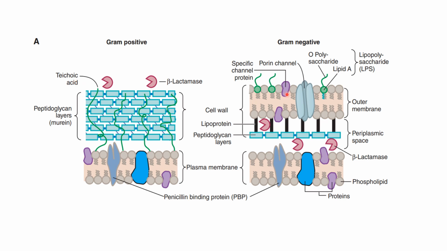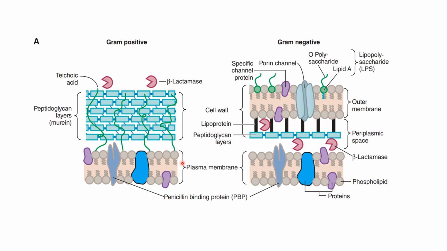The gram-negative bacteria have a single peptidoglycan layer, as well as of course an outer membrane which contains the porin channels. So this outer membrane and peptidoglycan layer combined form the cell wall.